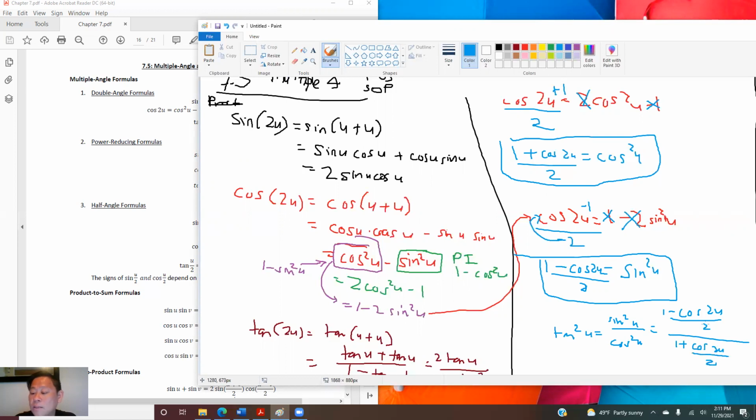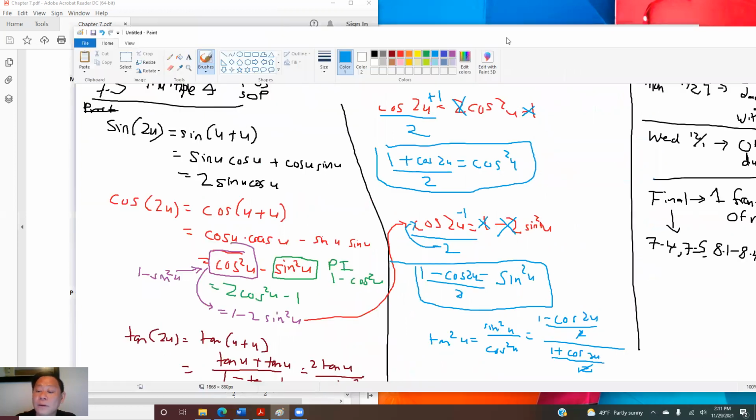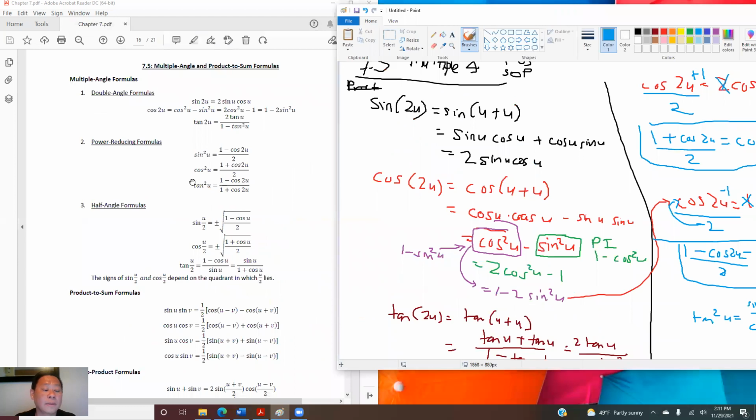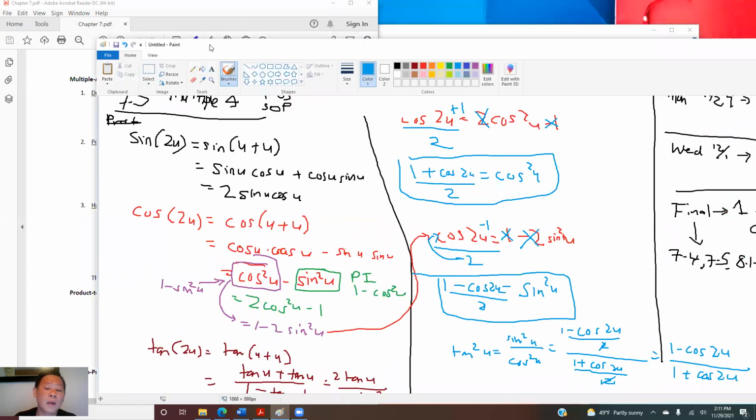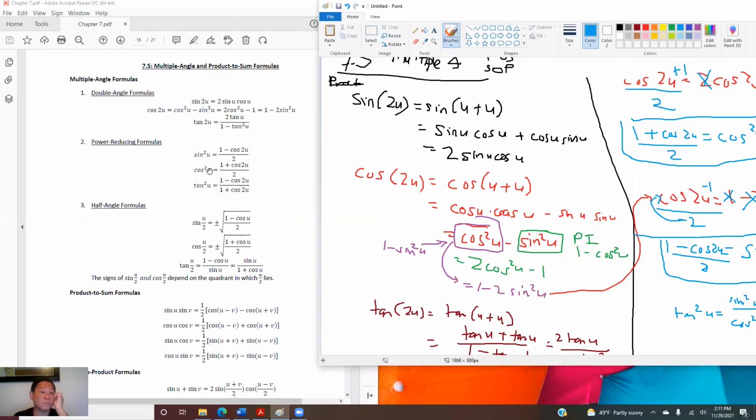And you find out that these 2 and 2 will cancel. So what I have left here is just 1 minus cosine 2u over 1 plus cosine 2u. So this is the formula you get for tangent square u. All this proving part is very straightforward. It's not that difficult.